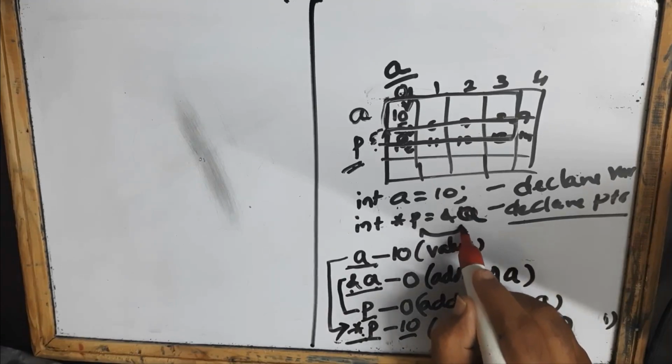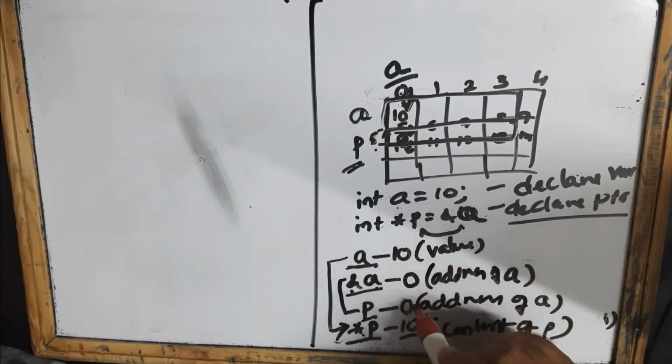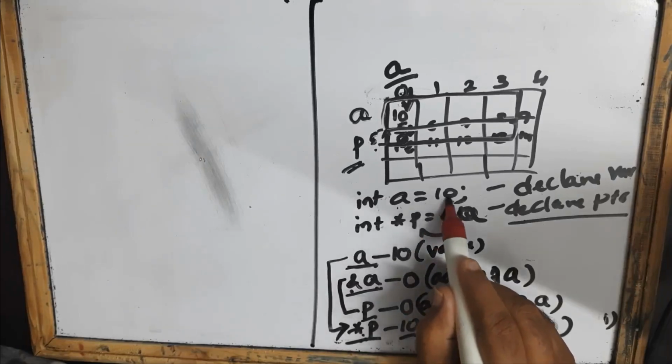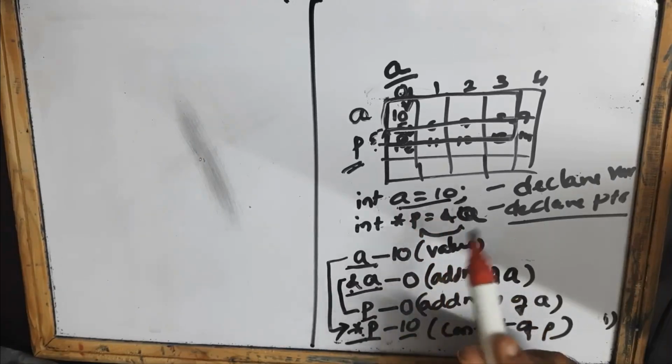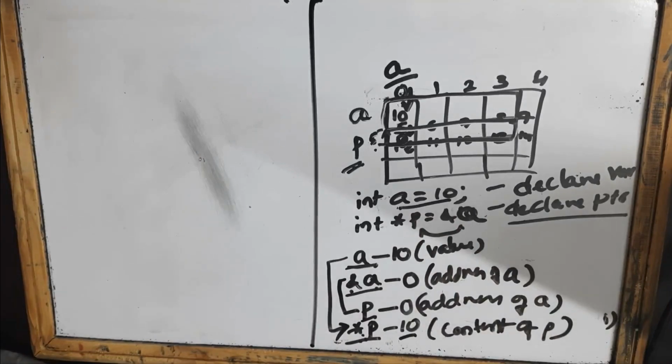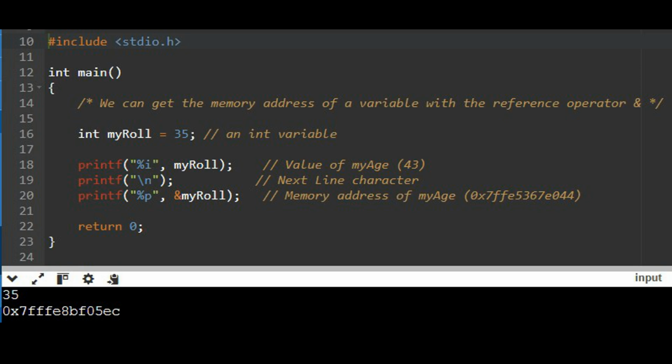That means the address of a is assigned to pointer p and the value 10 is assigned to a. So this is the basic information on how we can declare and use a pointer and a variable, and how we can point.